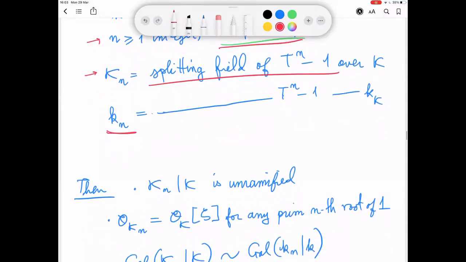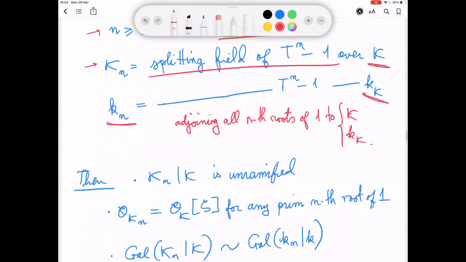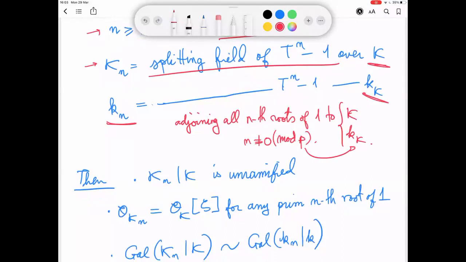Similarly, I can do that for the residue field k. So I'm adjoining all nth roots of 1 to K or to the residue field. Remember, n is prime to the characteristic of the residue field.